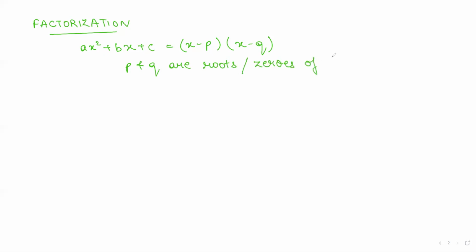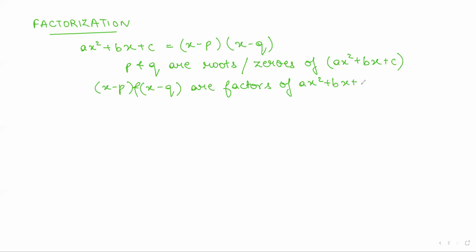Now, if you have a quadratic polynomial, let's say ax squared plus bx plus c, this quadratic polynomial can be represented as x minus p into x minus q, where p and q are roots or zeros of your ax squared plus bx plus c. x minus p and x minus q are factors of ax squared plus bx plus c, or you can say ax squared plus bx plus c is a multiple of x minus p and x minus q.